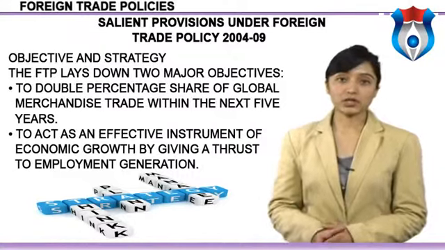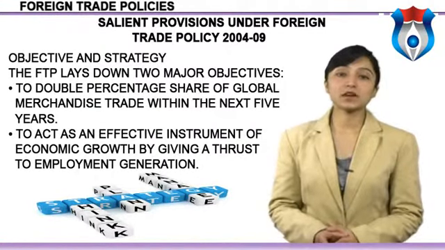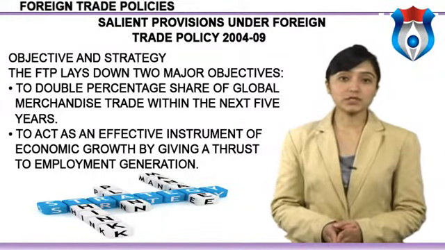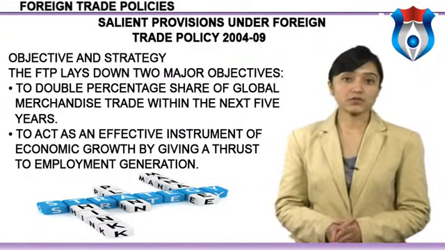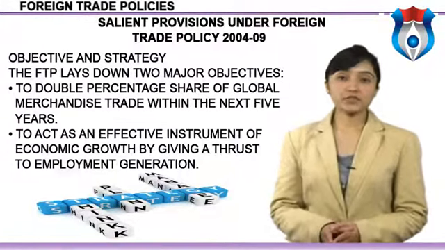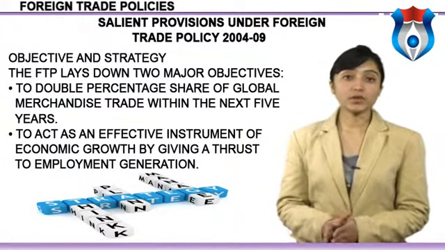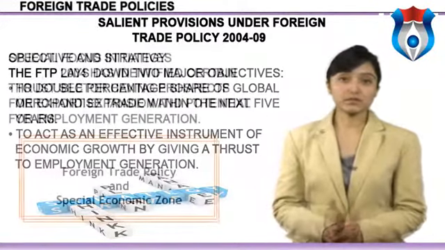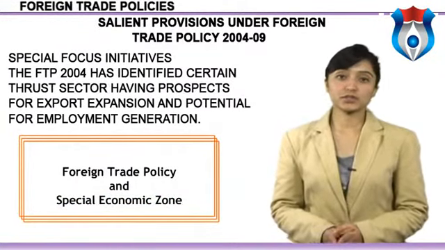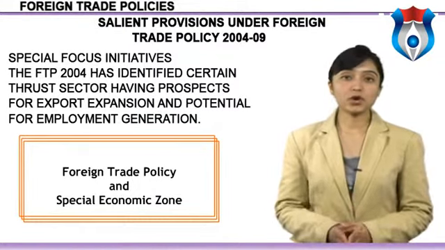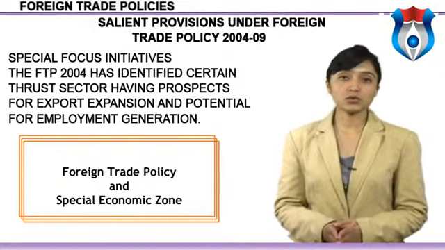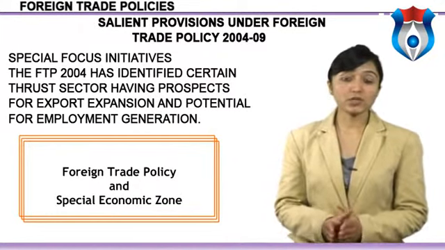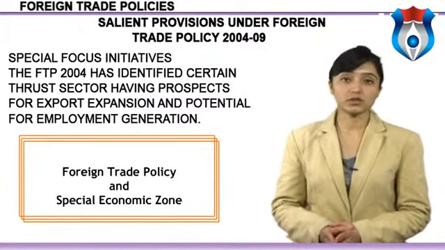Objective and strategy. The FTP lays down two major objectives: to double the percentage share of global merchandise trade within the next 5 years, and to act as an effective instrument of economic growth by giving a thrust to employment generation. Special focus initiatives. The FTP 2004 has identified certain thrust sectors having prospects of export expansion and potential for employment generation.